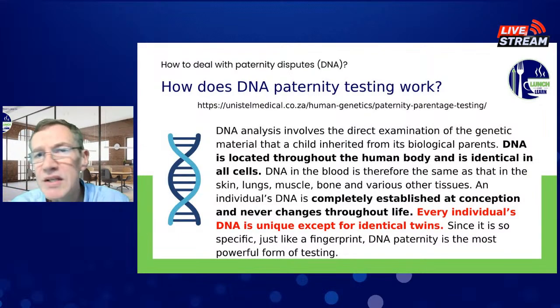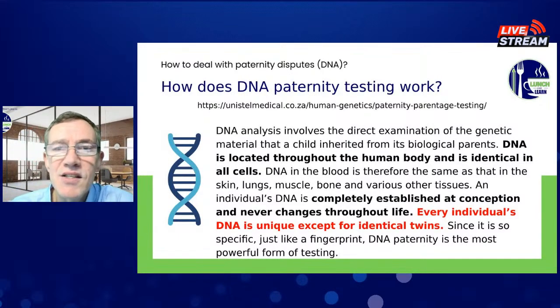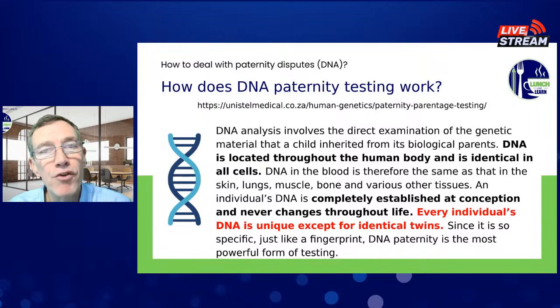So how does this paternity testing, this DNA testing, work? I'm referring to a website there. You would see that in the slides as well as the handout. DNA analysis basically involves the direct examination of the genetic makeup that a child inherits from both parents.